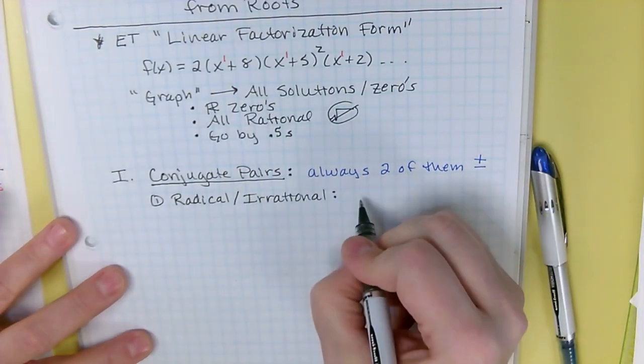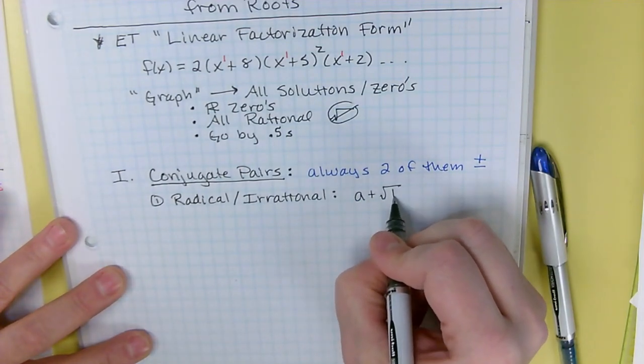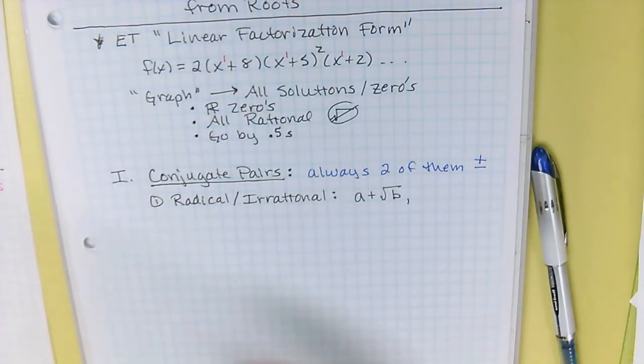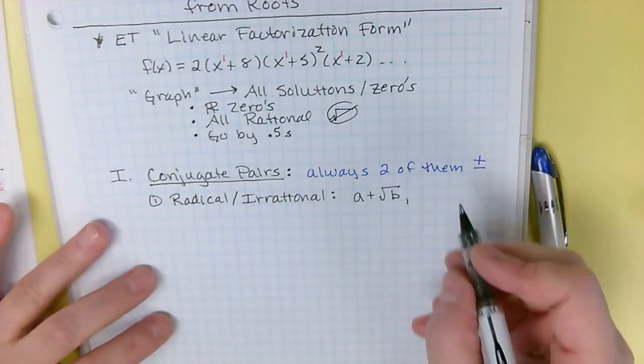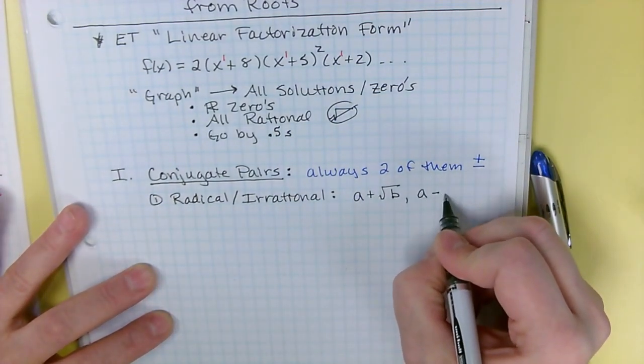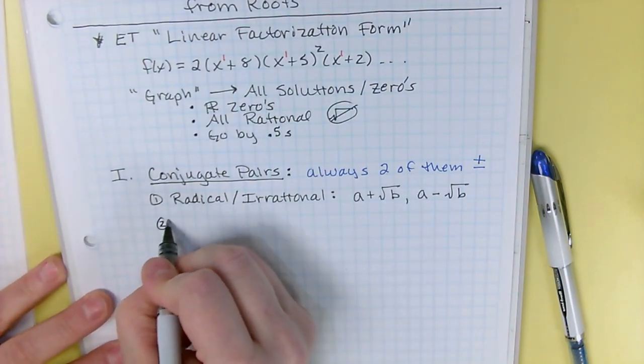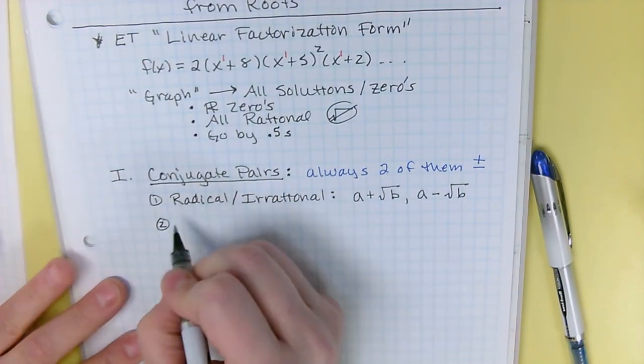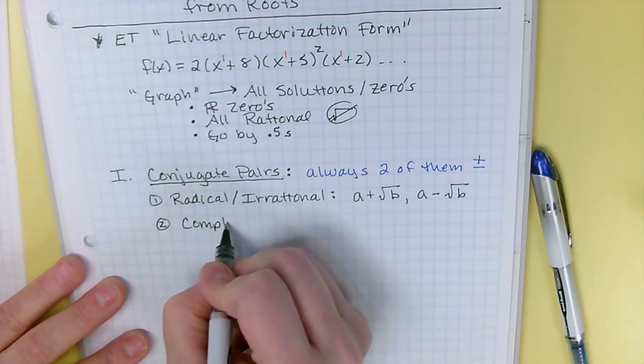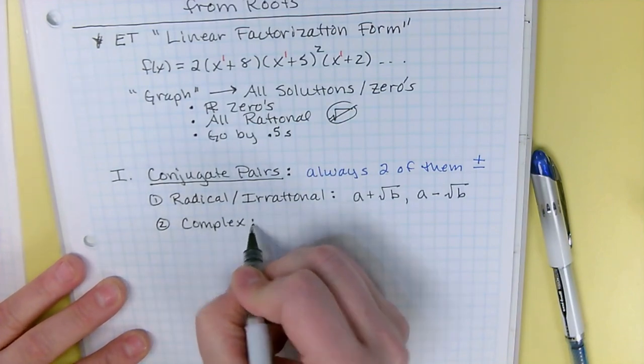So if you get a plus square root b as one of your zeros, automatically 100% of the time, a minus radical b will be the other zero, and you just know that. The other conjugate pair are complex conjugate pairs, which means they have i in them.